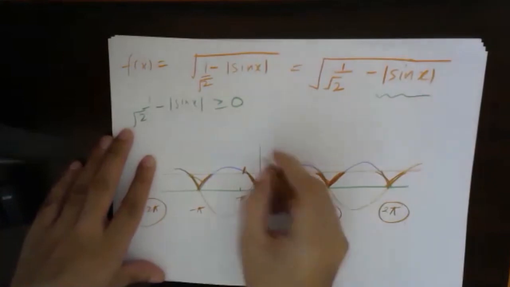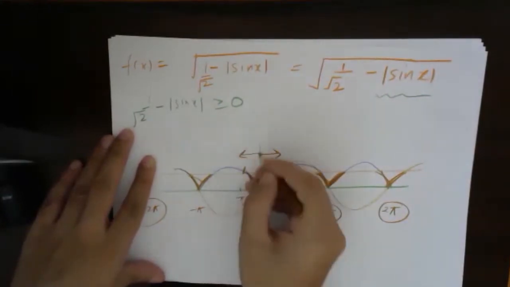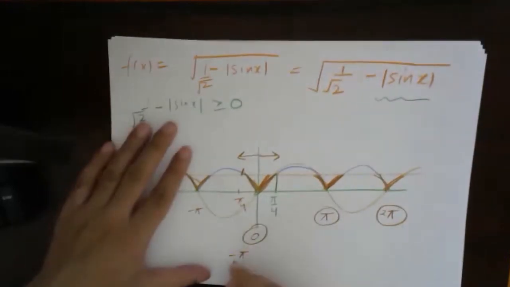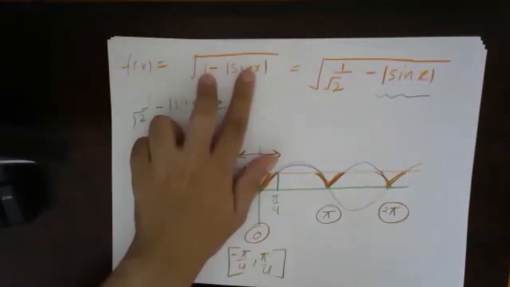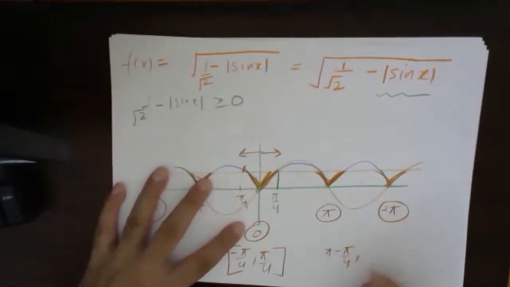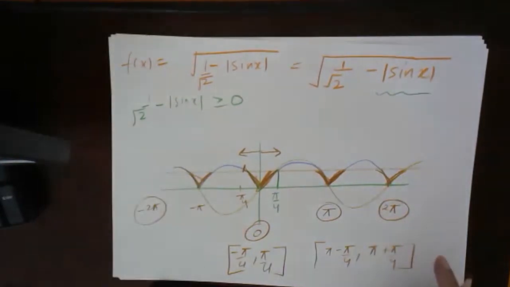So how much do you have to move here? Pi by 4, and here also pi by 4. So I can write this one as from minus pi by 4 to pi by 4, closed bracket, because it is in the numerator. This one I can write as pi minus pi by 4 to pi plus pi by 4. This one I can write as 2 pi minus pi by 4 to 2 pi plus pi by 4, and so on.